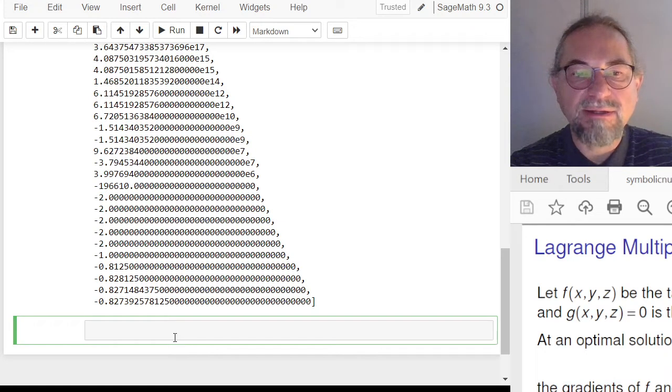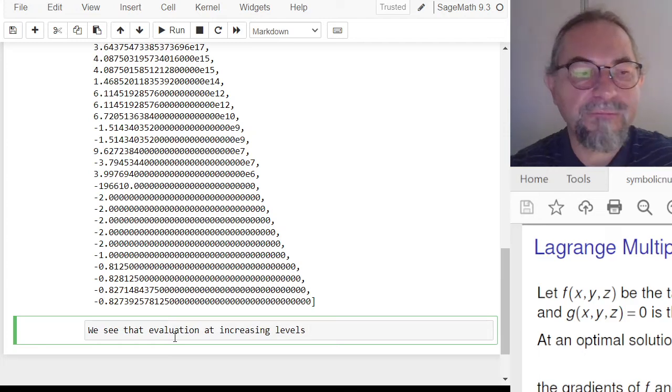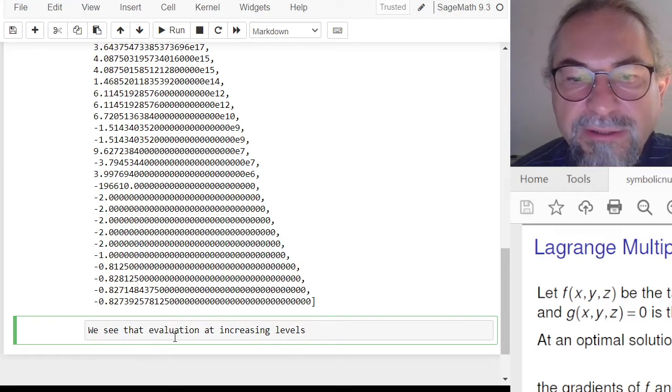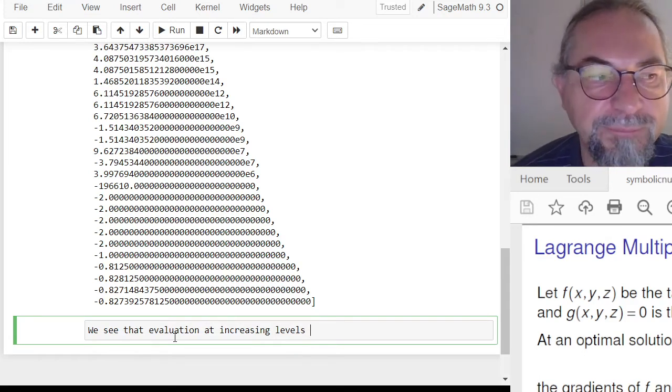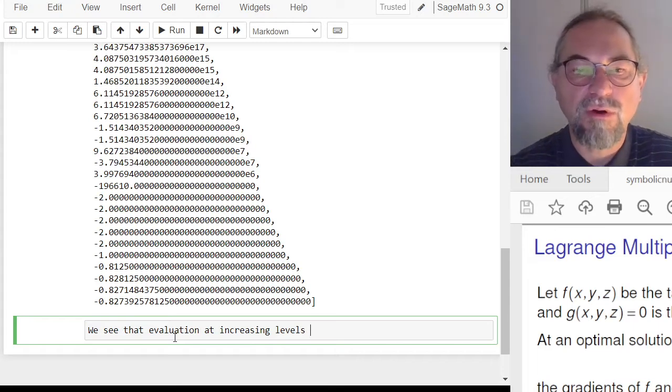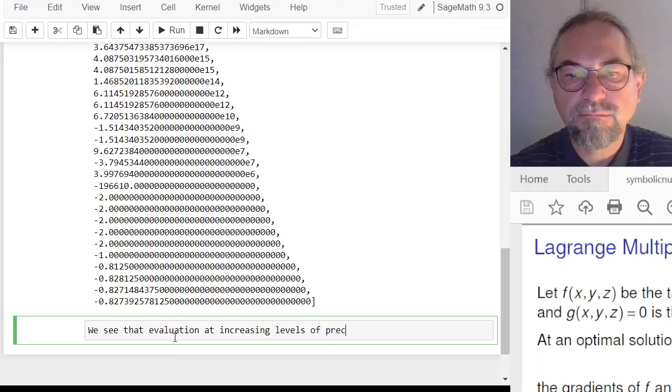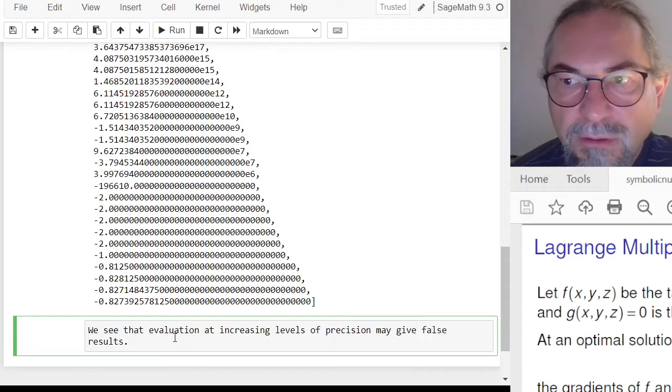We see that evaluating at increasing levels of precision actually gives wrong confidence. It may give false results. Here are some results from a search.